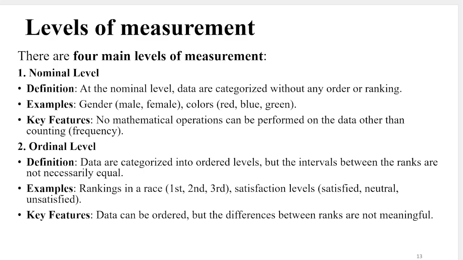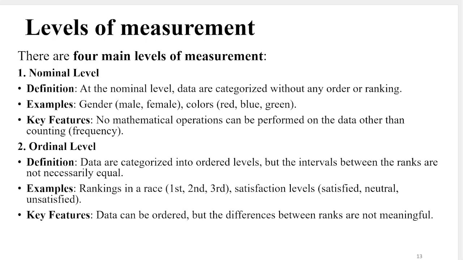For example, gender, such as male and female, blood groups like A, B, AB, and O, or eye color like brown, blue, or green. In this level, we cannot say one category is greater than another. The only thing we can do is count how many times each category appears, which is called frequency. So, nominal data is mainly used for grouping.